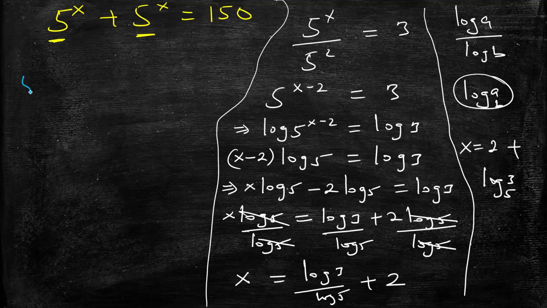So we have 5 to the power 2 plus log 3 to base 5, plus 5 to the power 2 plus log 3 to base 5.